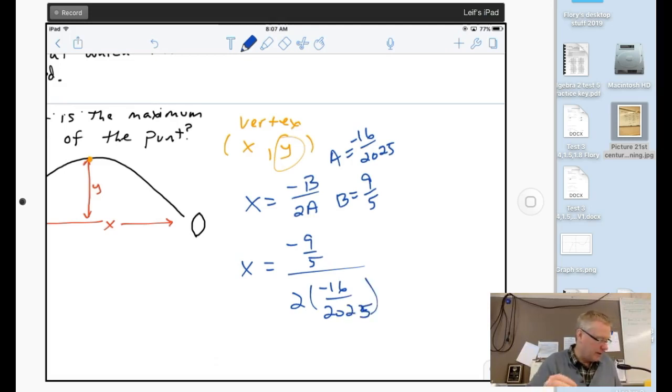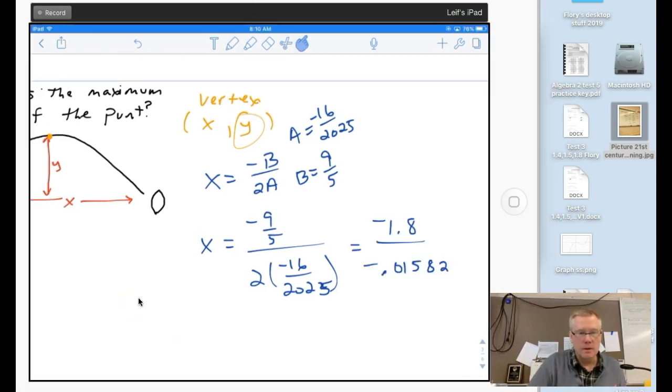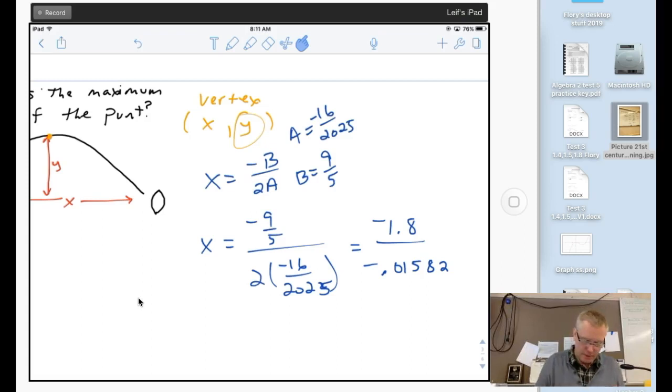So I get that, all right? Okay, so I plugged those into my calculator, and I got negative 1.8 over negative 0.01582. And if I divide those numbers out, I get x equals 113.78. Okay, so that's the x value.